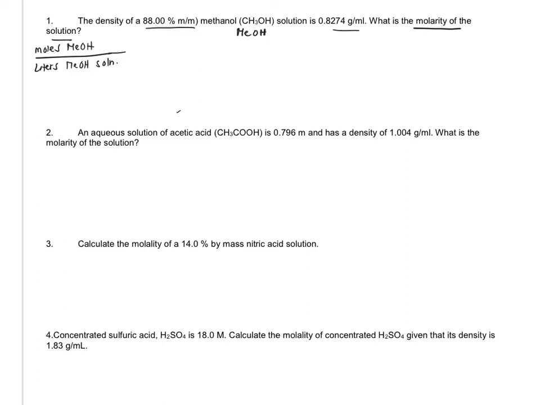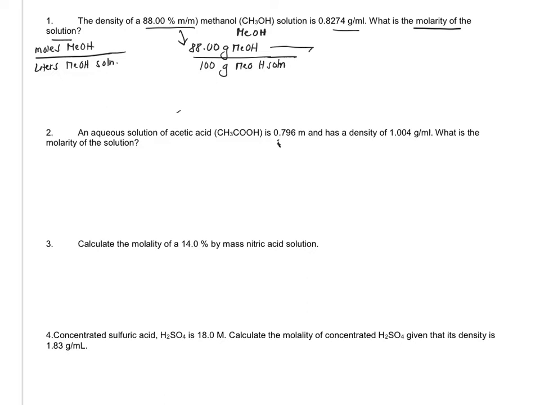Okay, and what I'm given is 88% by mass of methanol solution. So if I reinterpret this, this is 88 grams of methanol per 100 grams of methanol solution. So if we look at this, I have the information that I need from this mass per mass to be able to convert to moles and to be able to convert to grams.